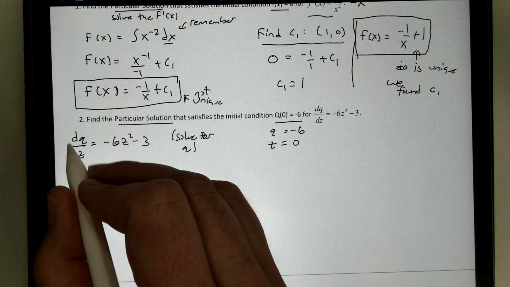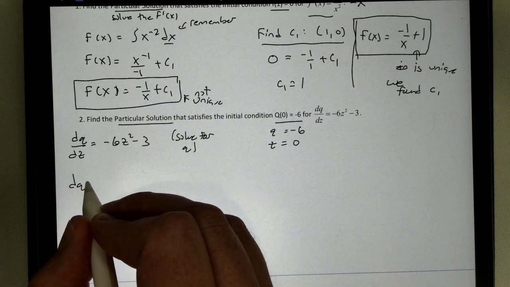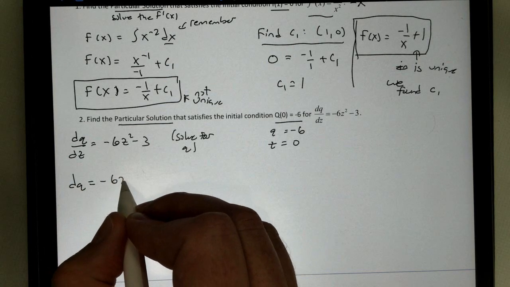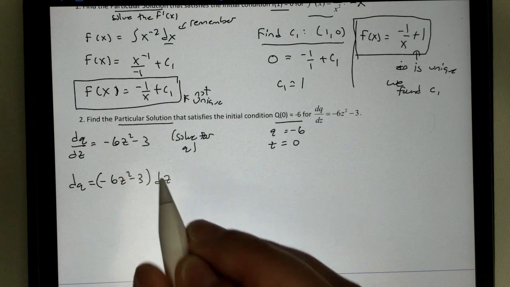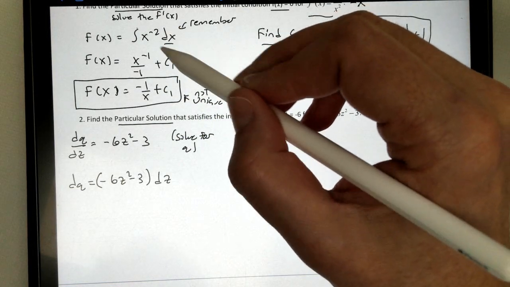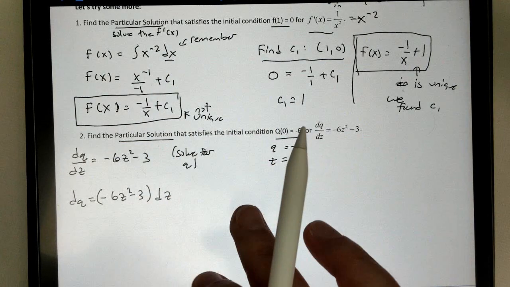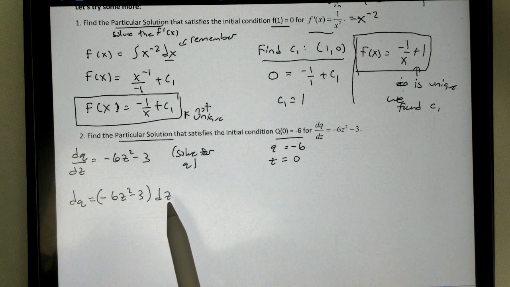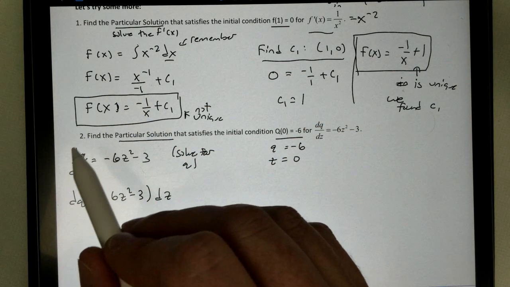So to do that, I'm going to multiply by dz, and I get dq equals negative 6z squared minus 3 dz. Now remember what I told you. This is called a differential. They're not going to tell you to put it here like in the example for number 1. But notice over here, we get this dz. It actually comes from solving a derivative.